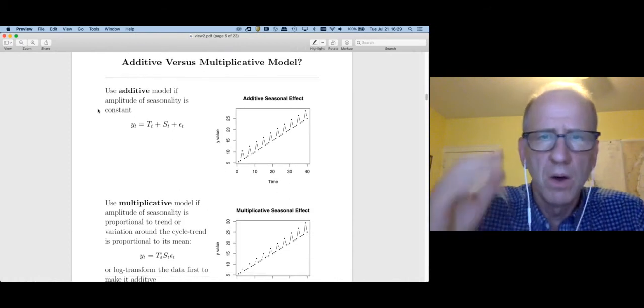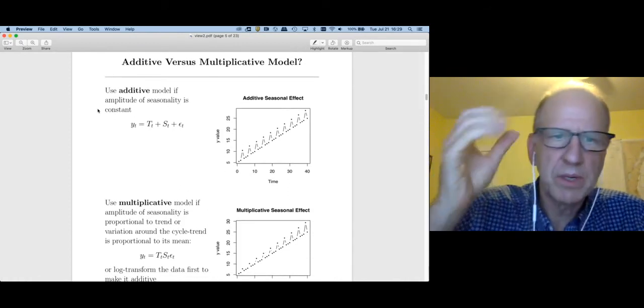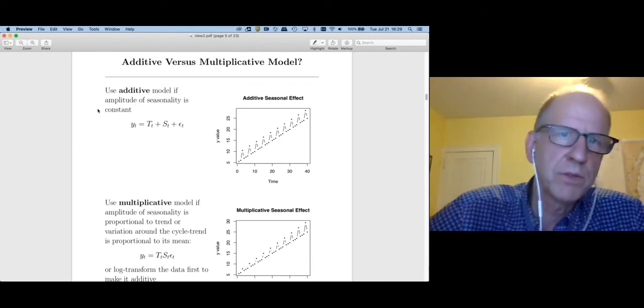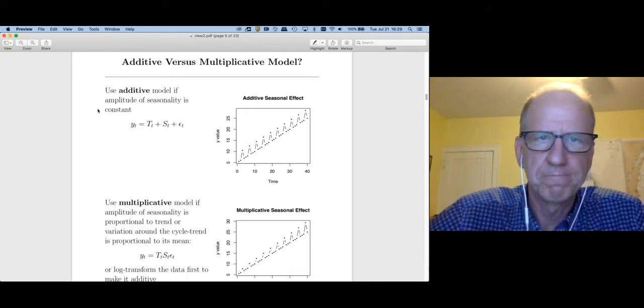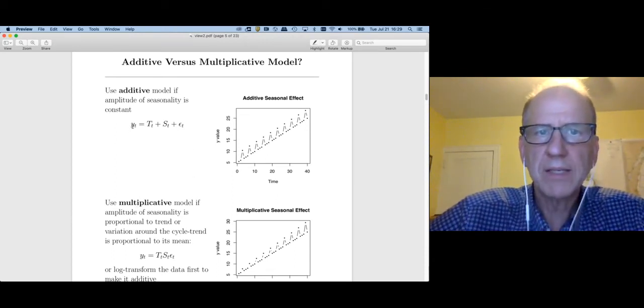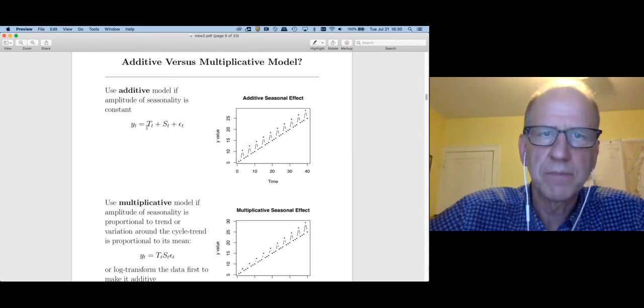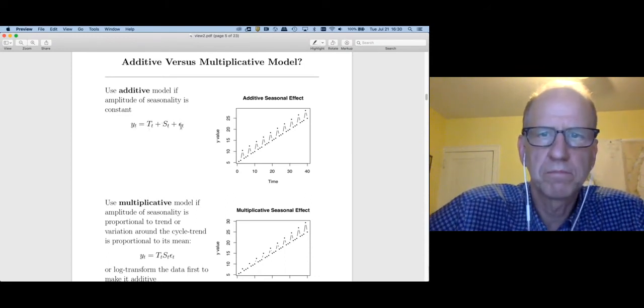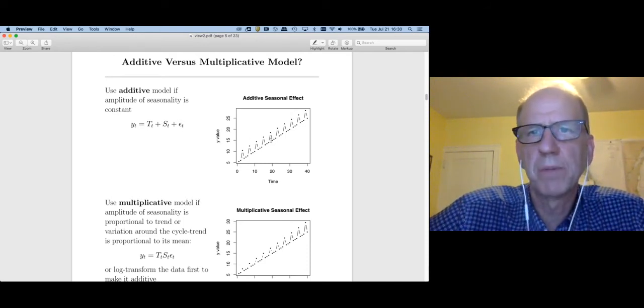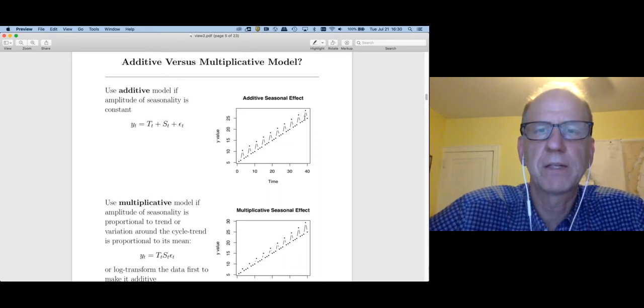All right, one more term that we need to introduce at this point is the difference between an additive model and a multiplicative model. So an additive model is where my sales at some time t is some trend plus some seasonal effect plus some error. Okay, so this would be an example of an additive effect.